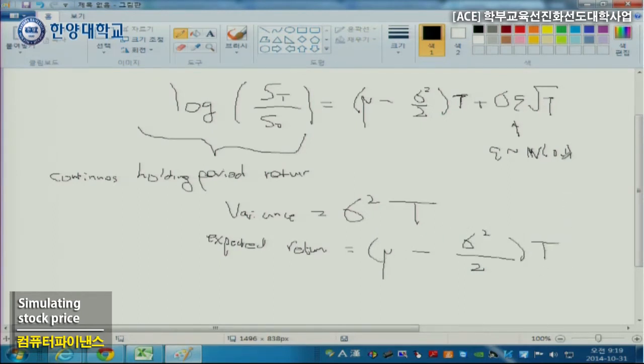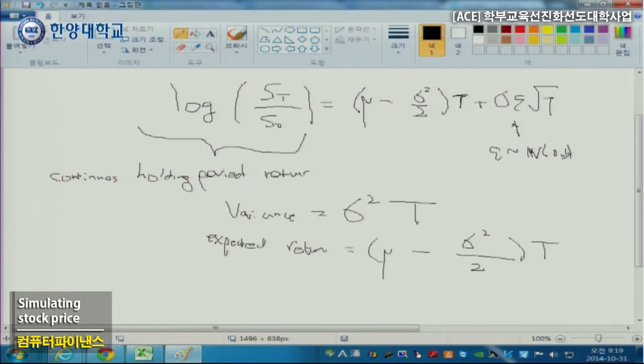Okay, so mu is expected return. It means that, of course, per year, if we generate expected return like mu, for the next t years, it should generate expected return like mu multiplied by t, right? That would be our guess.